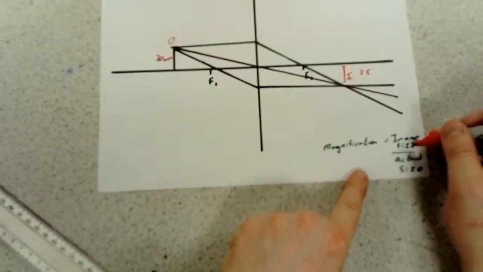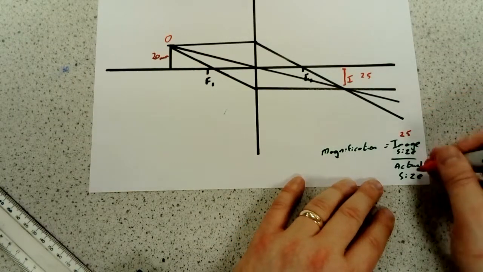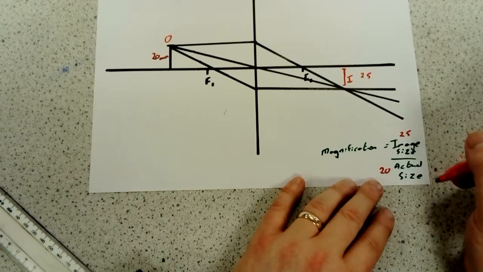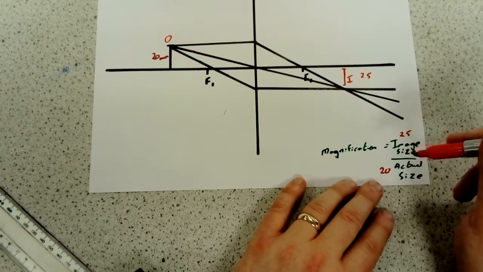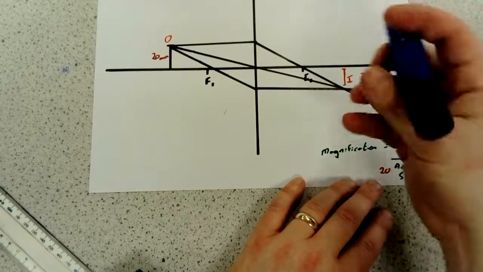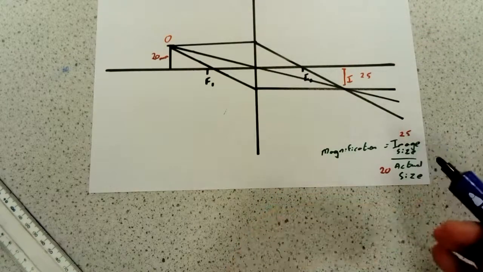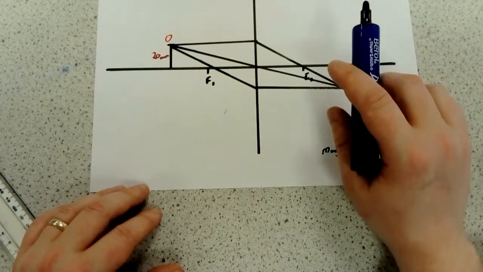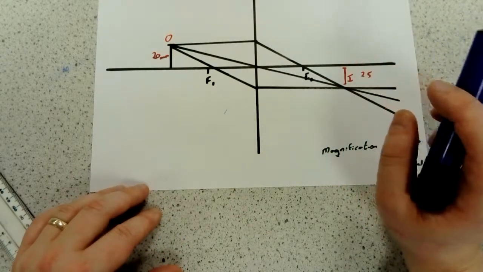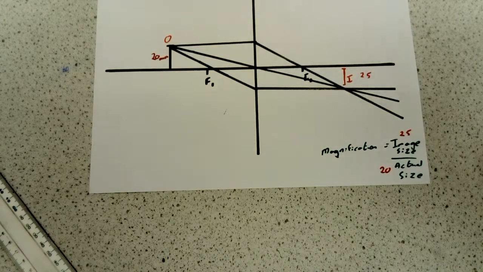So to work out what the magnification is, we'll do image size 25 divided by actual size, which will be 20, which would give us what the magnification was. We can also see that those lines going down there have almost flipped the other way up. Therefore, the image on a convex lens is always going to look upside down. So they are just some key points to think about when drawing diagrams using convex lenses.